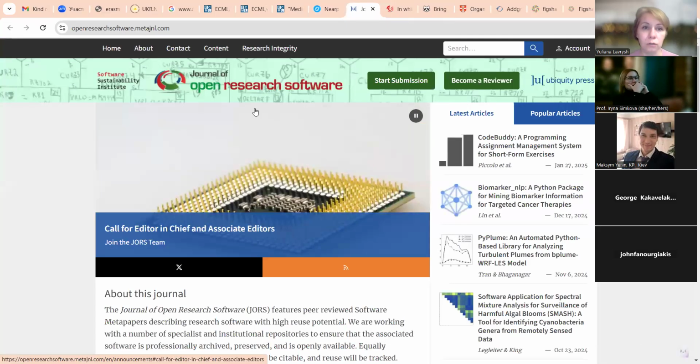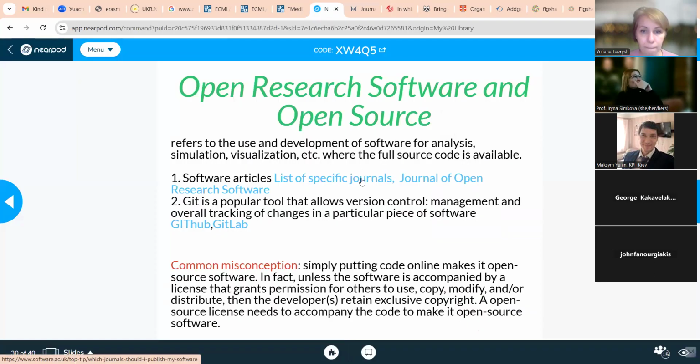The same, this is the Journal of Open Research Software. You can publish here. If you, for example, designed a software for research, you are welcome. Or you can find open software if you don't know what to use. And today I mentioned these letters, GitHub and GitLab, but there are a lot more of these acronyms.